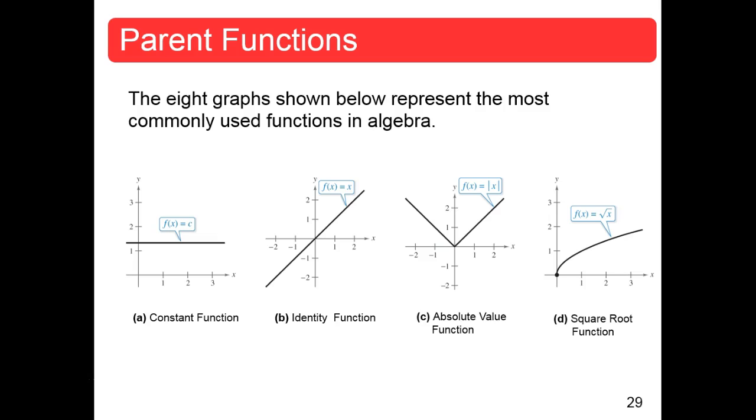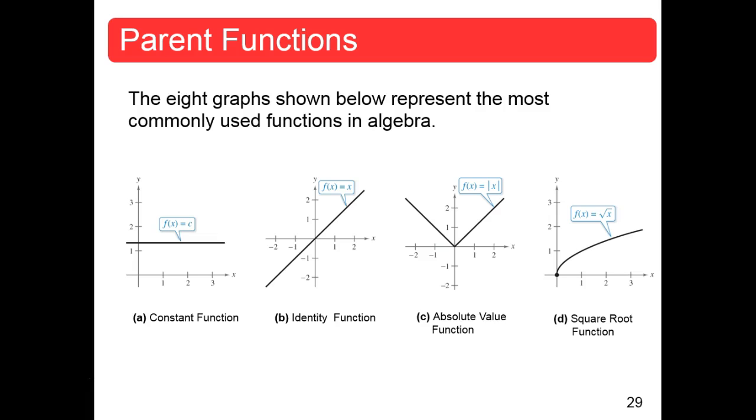This is the square root function. What's its domain? All non-negative numbers. You can't take the square root of a negative number. So it's all non-negative numbers from 0 to positive infinity, with a bracket by the 0. Range: same thing, 0 to positive infinity, because it's a principal square root, meaning positive.